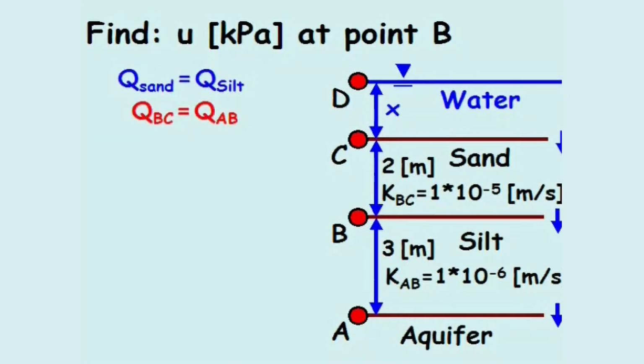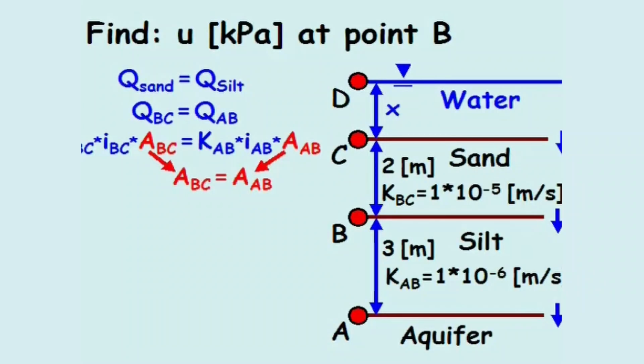So we have Q sub BC equals Q sub BA, where the flow rate for each layer is the hydraulic conductivity times the gradient times the area. Since the cross-sectional area will be the same for both layers, they can cancel out of the equation.